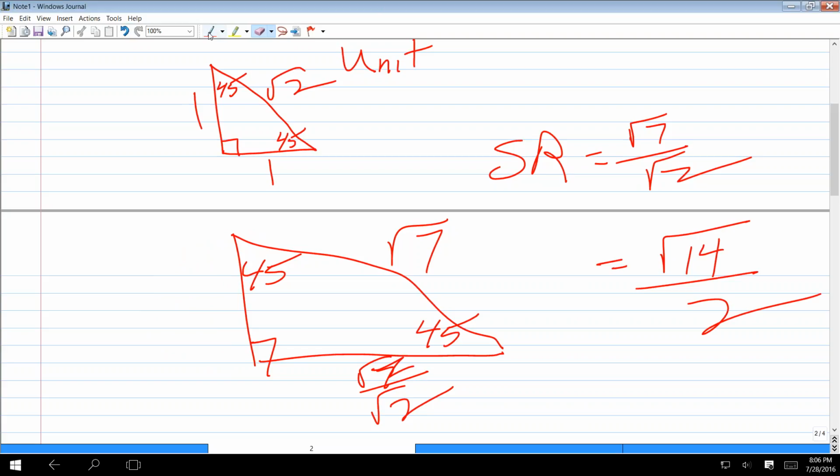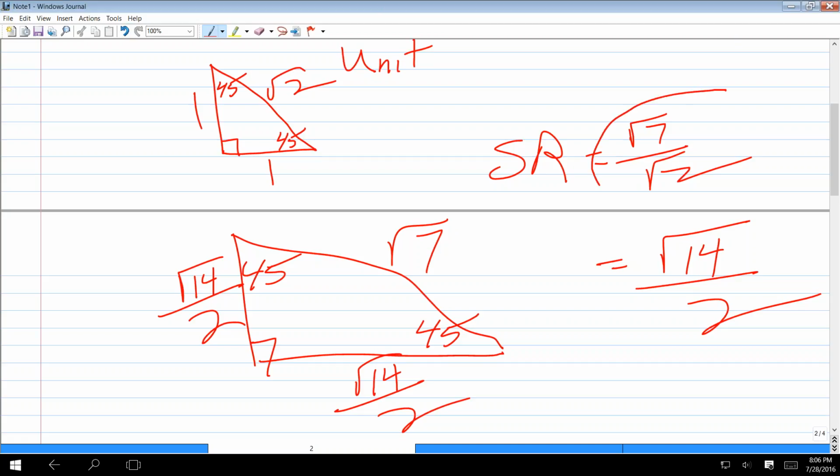In other words, you never want to give a final answer that has an irrational number in the denominator. Root 14 over 2 has a rational number in the denominator. The irrational number's in the numerator, but that's okay. We don't care if we have an irrational number in the numerator. We just cannot have one in the denominator.